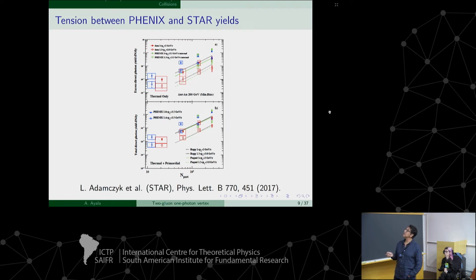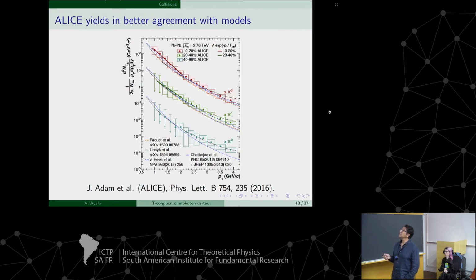Well, I should mention that there is a tension between PHENIX and STAR, which is another one of the experiments that have been doing work on this front. In fact, the yields in PHENIX are a little bit larger than those in STAR, although the V2 is very much in agreement. If we go to ALICE, for instance, this tension is not present with respect to STAR data.